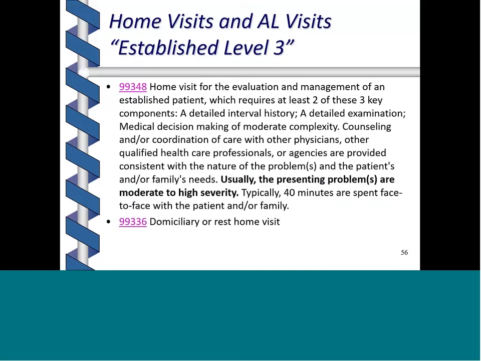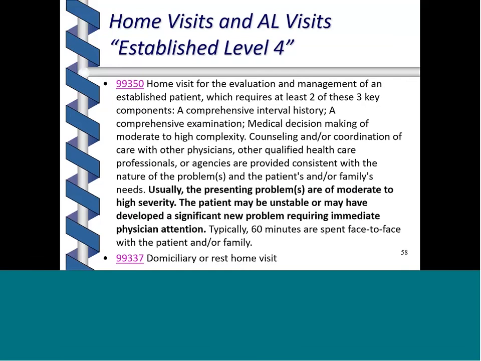A level 3 visit says that usually the presenting problems are moderate to high severity. So an established level 3, usually the presenting problems moderate to high. A home visit is a 99349, and assisted living is a 99336. And then your level 4 visit says that usually the presenting problems are of moderate to high severity.